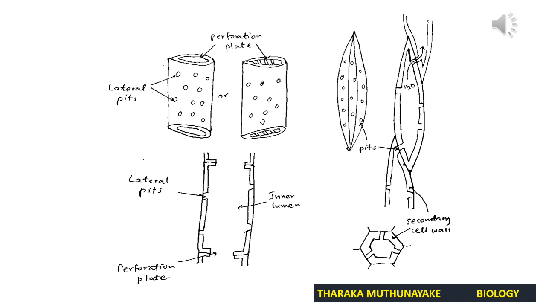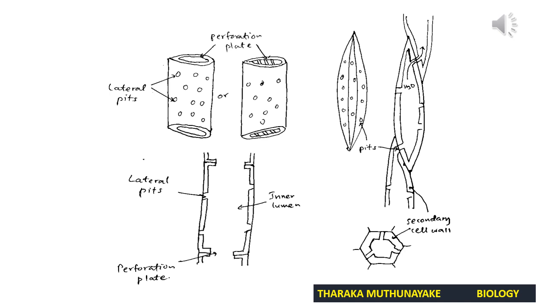And here you can observe there's another difference. These vessel elements have perforation plates. That means end walls are broken down and form a perforation plate. As we mentioned earlier, it may be a single large pore as found in the left hand side vessel element, and also there may be slit like openings as in the right hand side vessel element. But tracheids do not possess perforation plates.